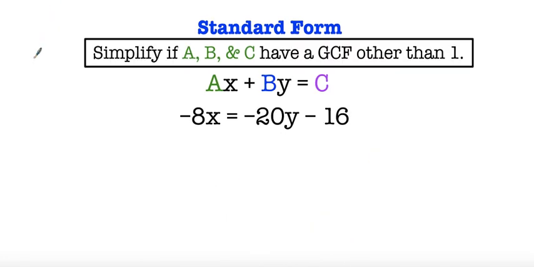All right, and finally we have to simplify if A, B, and C have a greatest common factor other than 1. So if I look at this equation, it's not in the correct order for standard form, so I have to rearrange it so that it is.